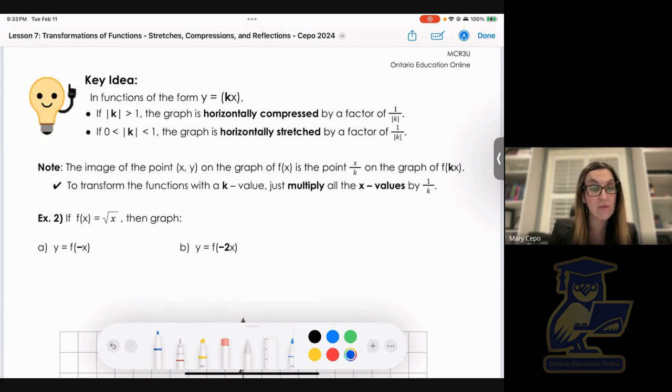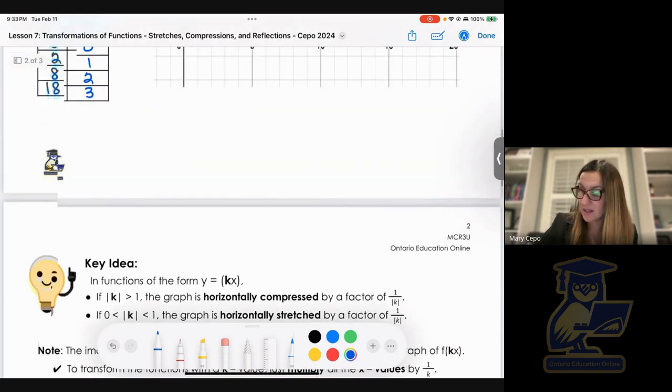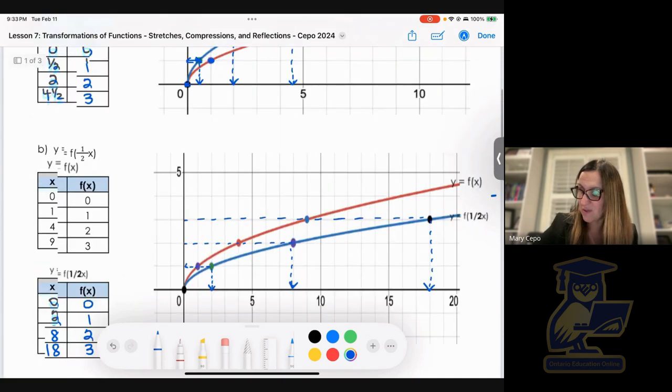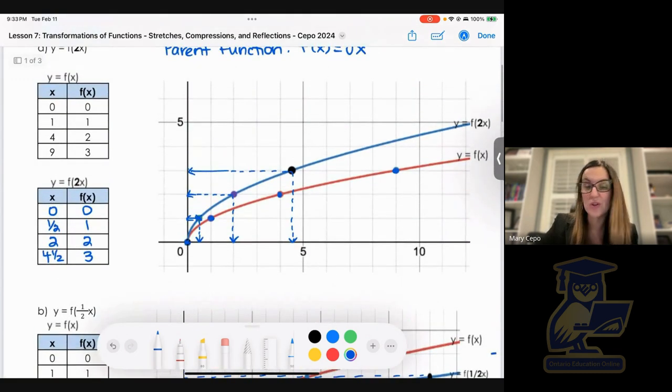That's the scale factor. Going back to the graph, when k was equal to 2, comparing y equals f of x to y equals f of 2x, the graph was horizontally compressed by a factor of 1/2.